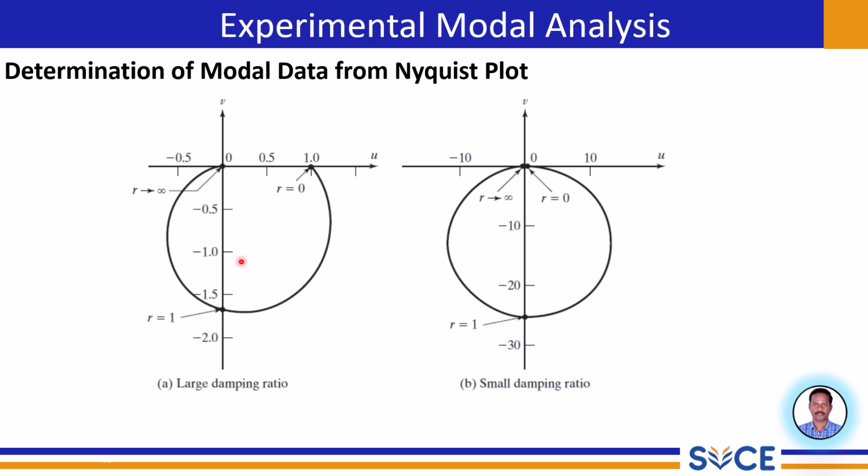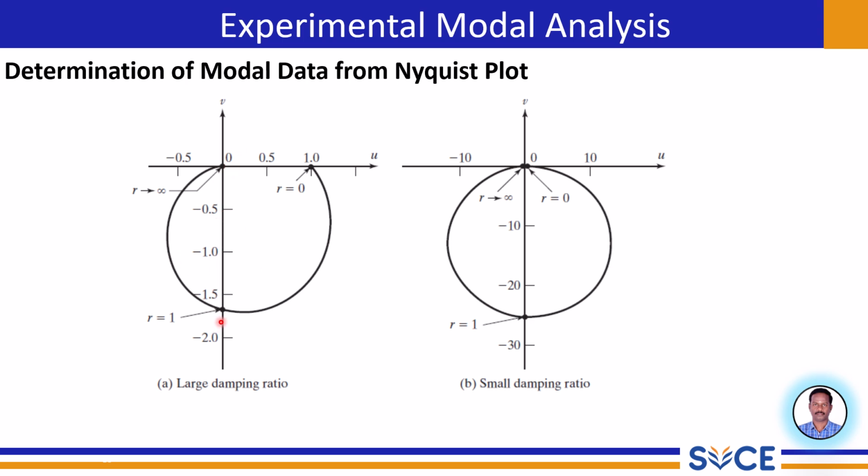Find the diameter of the circle near the point where r equals 1 by approximately calculating it. The diameter is the straight line distance across this circular path passing through the point where r equals 1. Measure the distance from the origin to the point where r equals 1. This straight line is the distance we are going to measure.